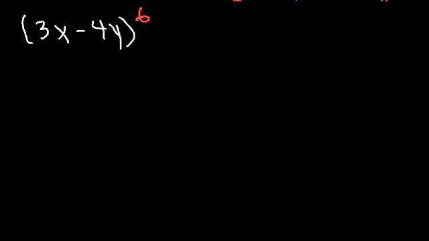Before we can use the equation, you need to understand combinations and how it relates to Pascal's triangle. So I'm going to redraw the triangle up to the 6th level.